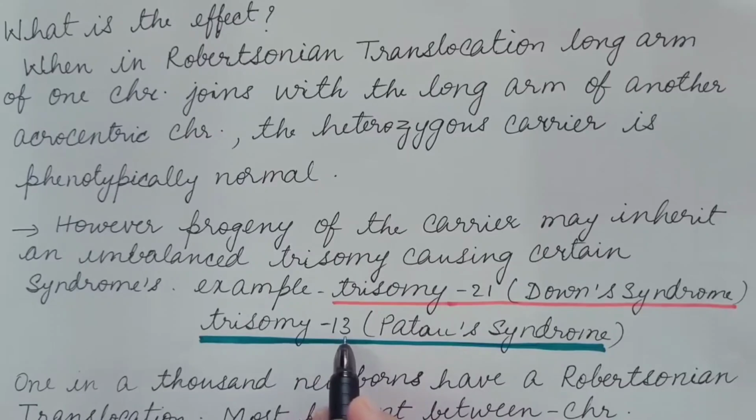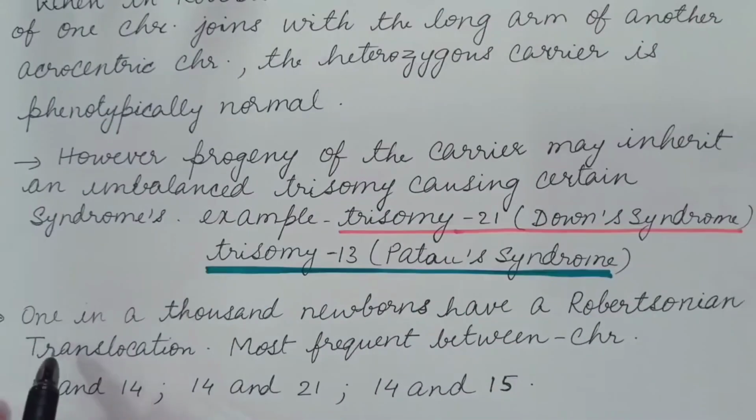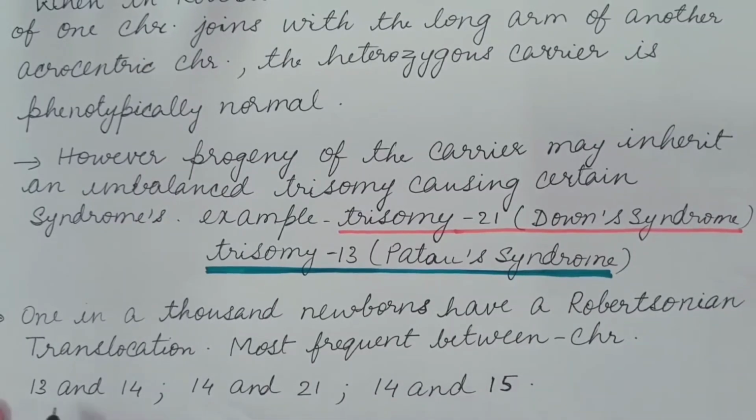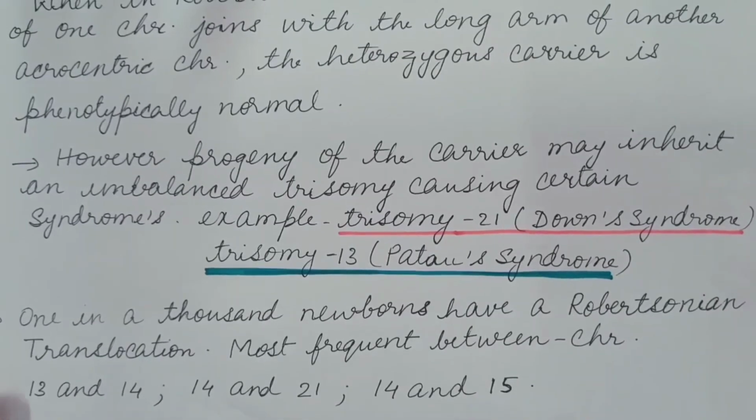In this, an extra copy of chromosome number 13 is present. This type of Robertsonian translocation occurs in 1 in 1,000 newborns, and most frequently it occurs between the acrocentric chromosomes 13 and 14, 14 and 21, and 14 and 15.